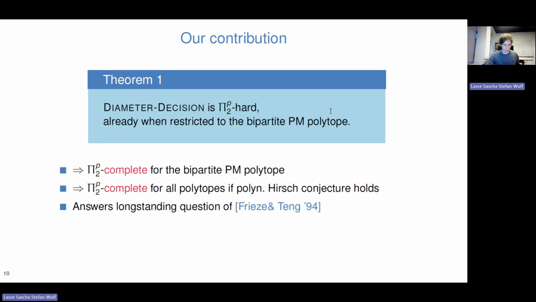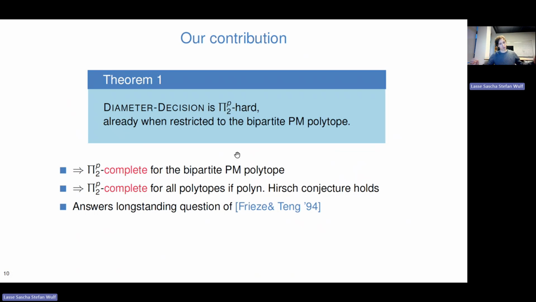So as a consequence, this decision problem of computing the diameter is Sigma 2 complete for the bipartite perfect matching polytope, and it's Sigma 2 complete for all polytopes if the polynomial Hirsch conjecture holds. So this is some technicality that for the containment in Sigma 2, we actually need the Hirsch conjecture to know, but we know that the Hirsch conjecture is true for the bipartite perfect matching polytope.